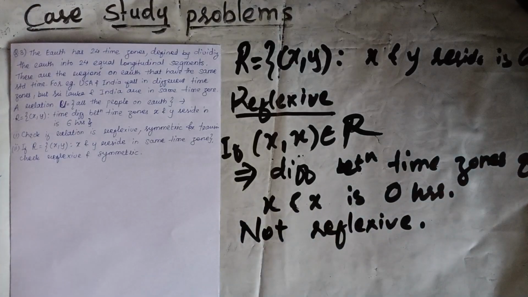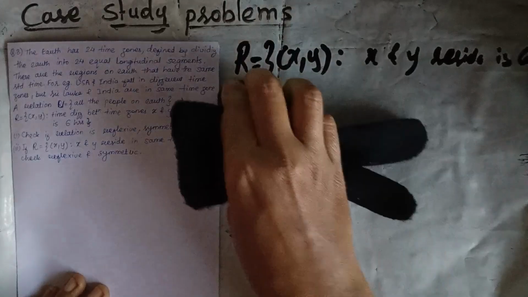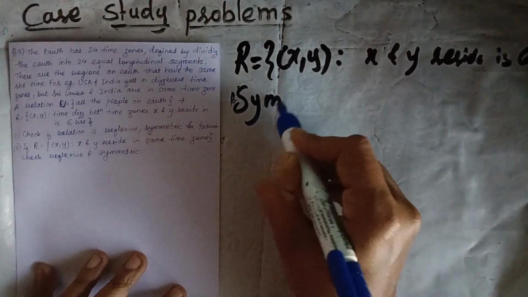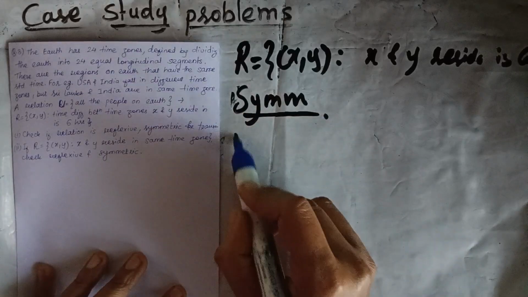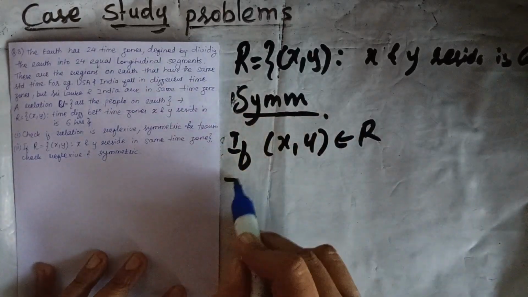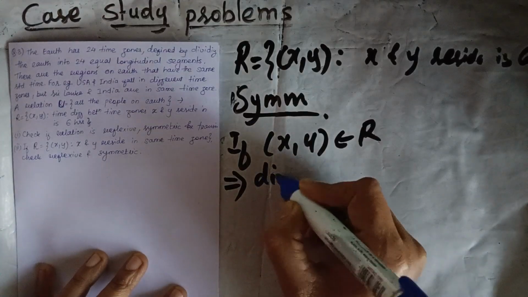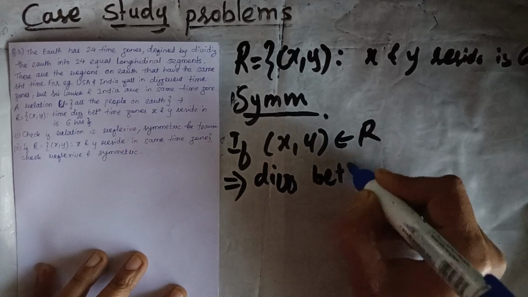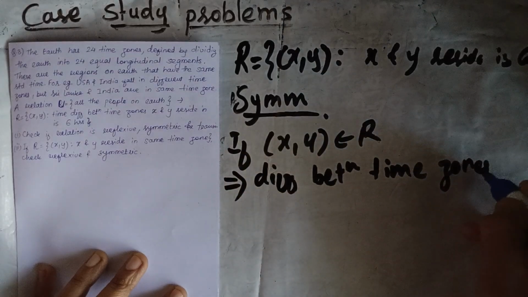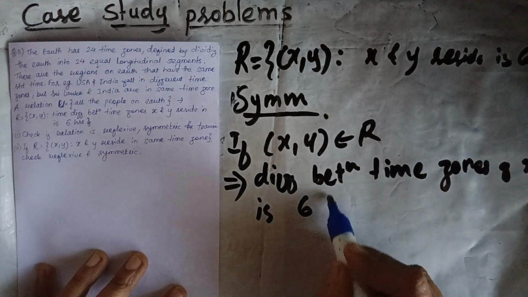Let's check for symmetric. If x comma y belongs to R, it implies that the difference between the time zones of x and y is 6 hours.